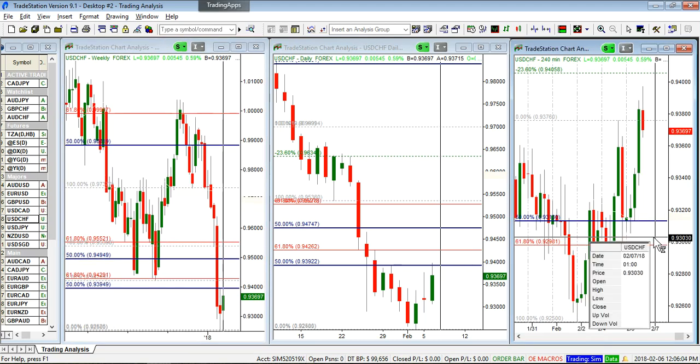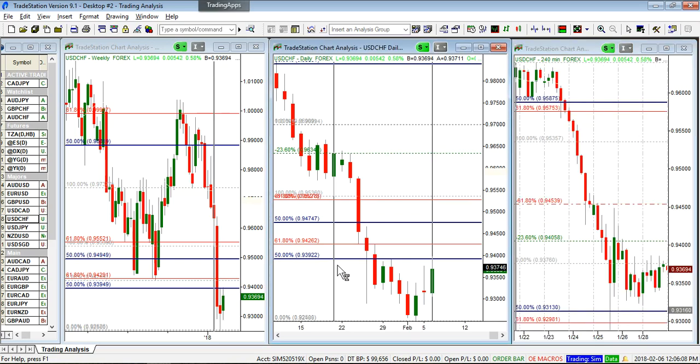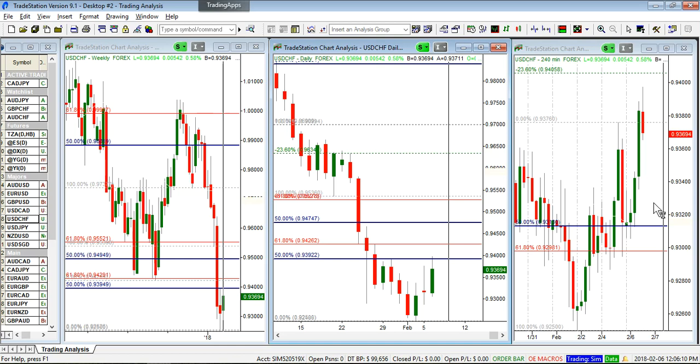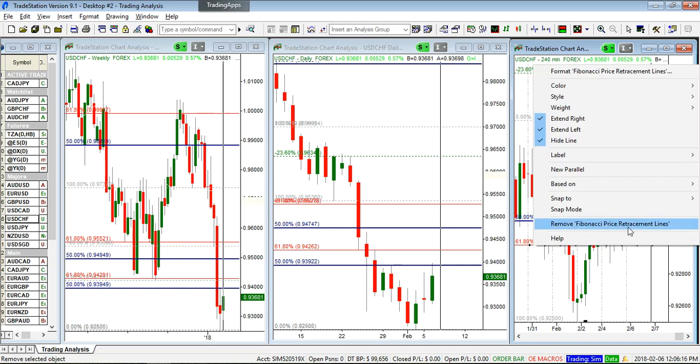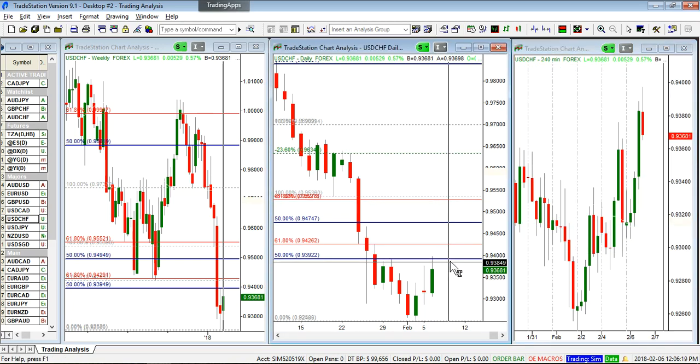So we need to consider that level traded here. We're seeing resistance at 93.92, and if this market makes it into the high, if it retests the 93.92, that could put the level under pressure.